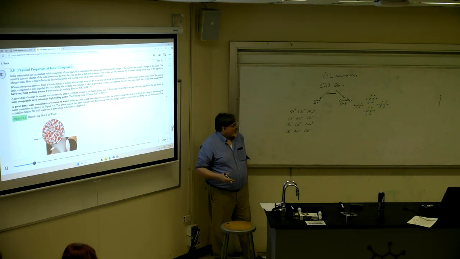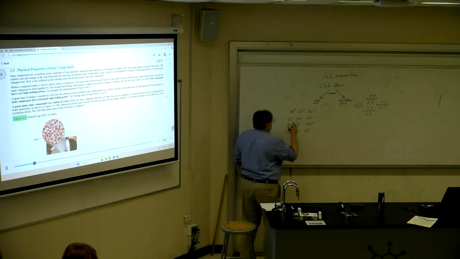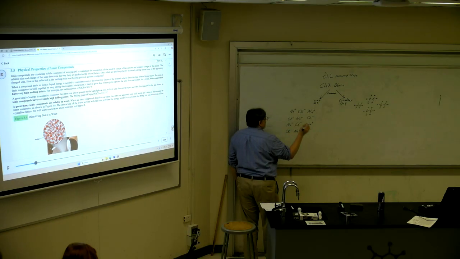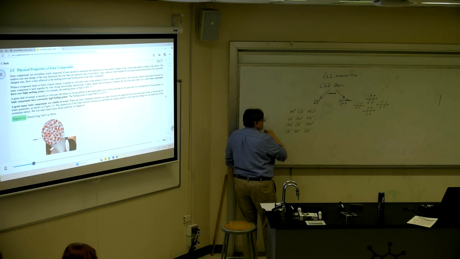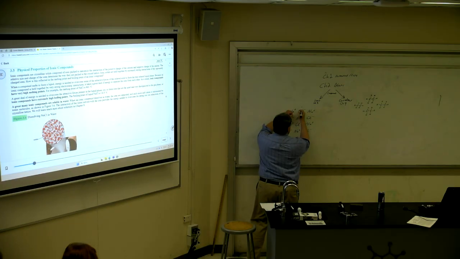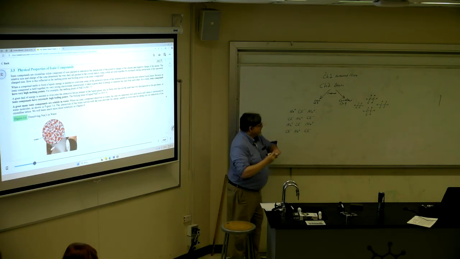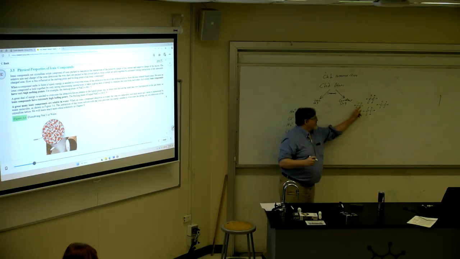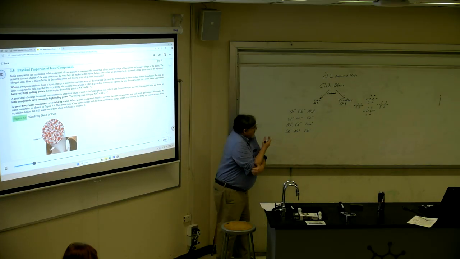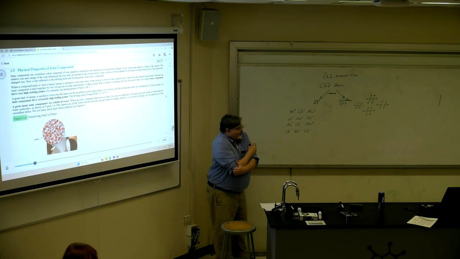Do you remember that? So it's a solid, and then you heat it up. To get these to free up and move around, you're talking about breaking the ionic bonds. We don't generally draw lines for these types of bonds, so I'll just leave it like that. But the bond here is the ions stuck to each other. So these are ionic bonds, and these lines here represent covalent bonds.